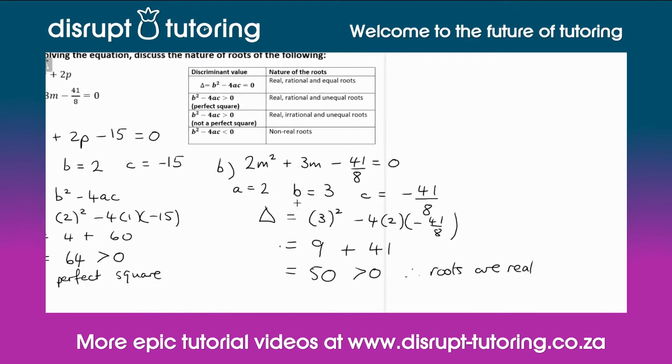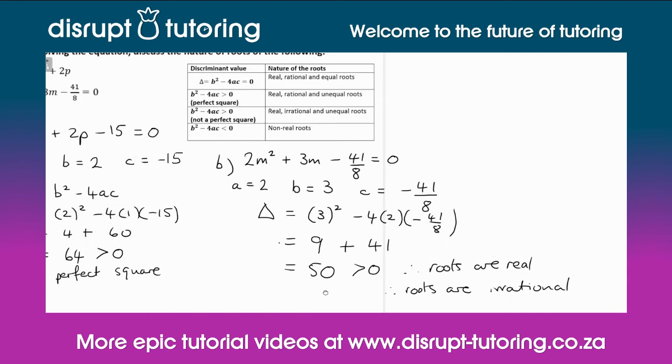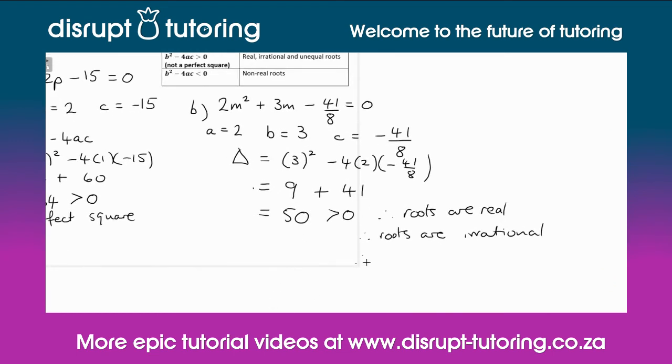So it's not a perfect square. Therefore, the roots are irrational, and irrational numbers always come in pairs, and therefore the roots are unequal. In other words, there's 2 of them. So this was not a perfect square, and if it is not a perfect square, then the roots are irrational.